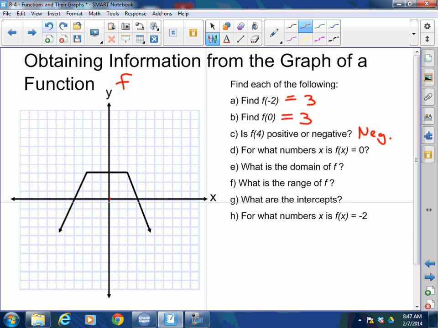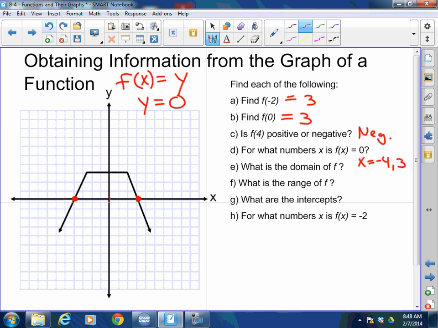Now, for what numbers of x is f of x 0? Remember that f of x equals y. So at what x does y, or f of x, equals 0? 3 and negative 4. Excellent. So when x is negative 4 or positive 3.